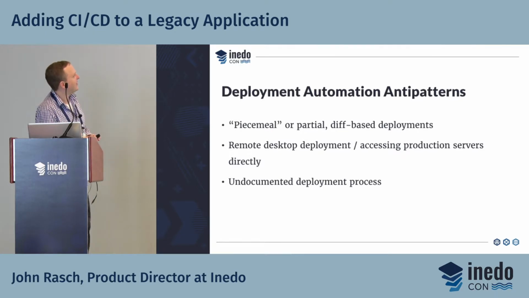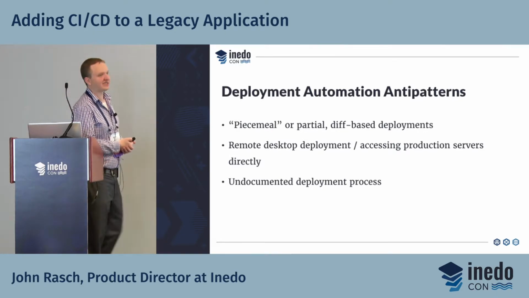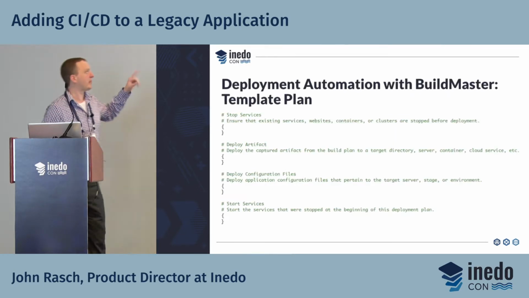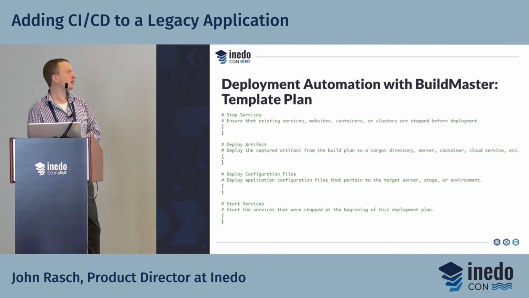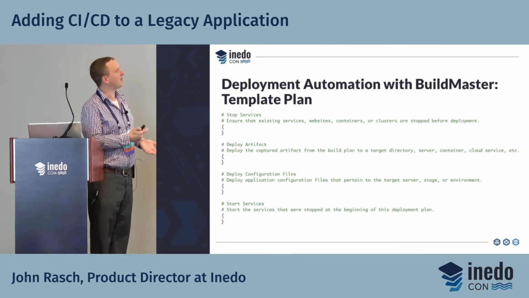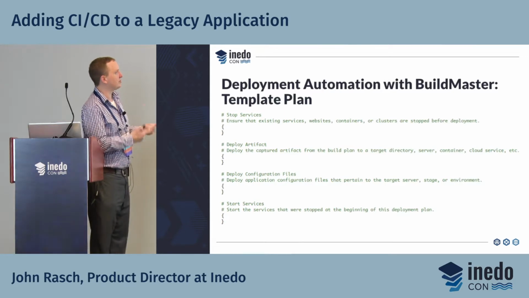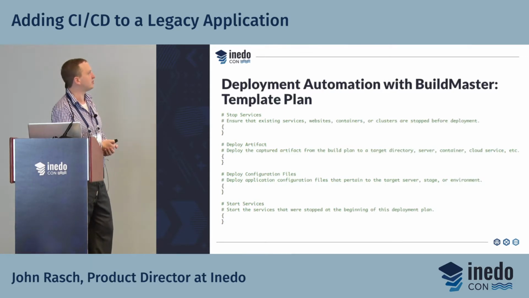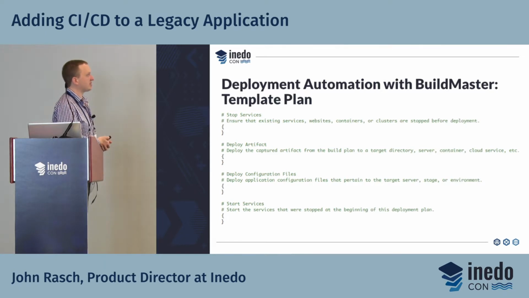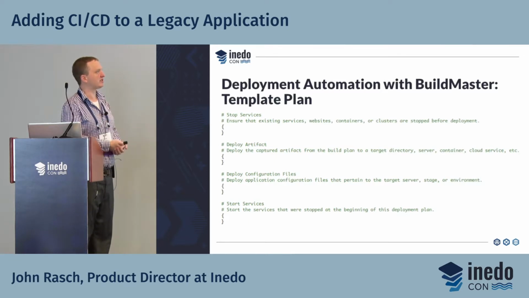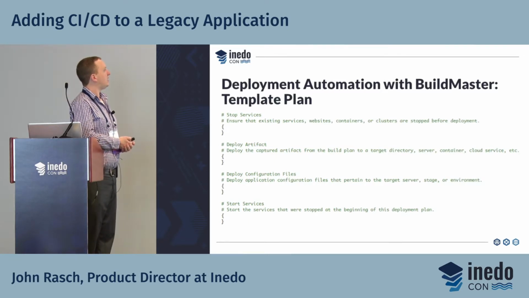So again, not by coincidence, the default template plan that is generated for you when you create a new application in BuildMaster follows these main 4 steps here. Stopping all services, whether it's websites, container services, or clusters in the case of Kubernetes. Deploy the artifact that you've captured in a previous stage from the build plan to whatever service, container, or cloud service.